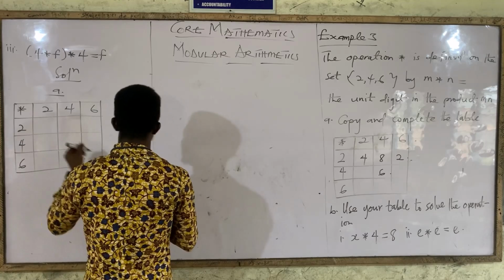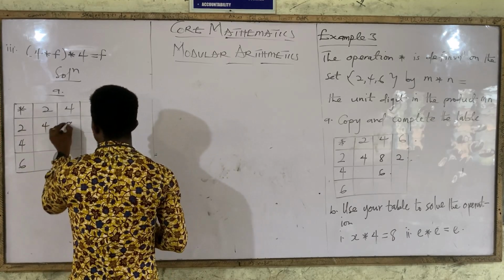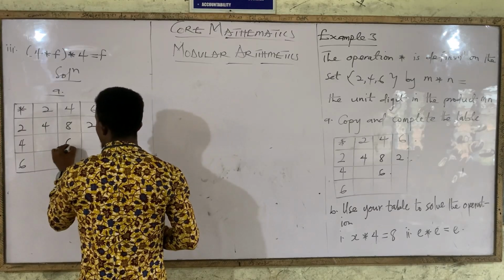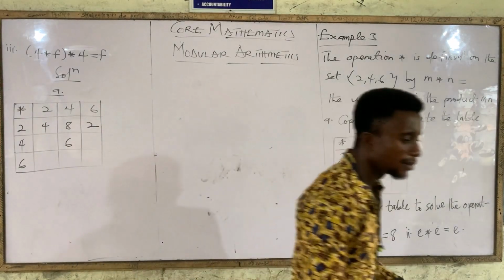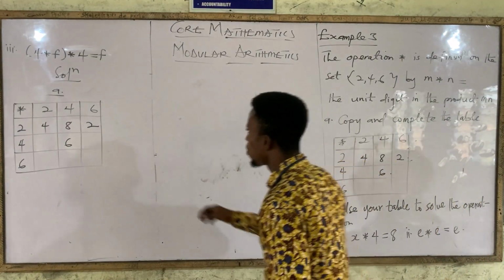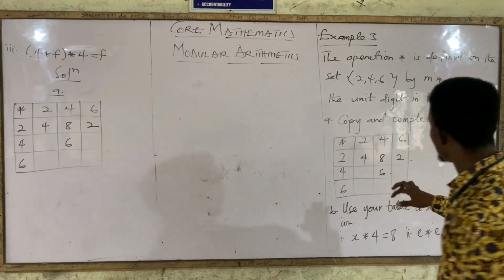Okay, I was given here to be 4, here to be 8, here to be 2, and I have 6 here. Then they are saying something that to complete this we use the binary operation.